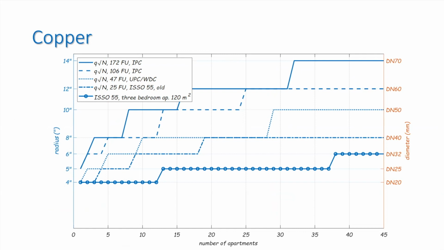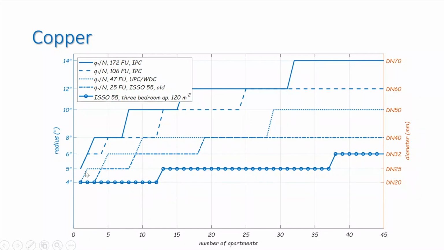Now, how would that convert into the various pipe diameters? Instead of running it a lot of times, I decided to make it a bit more graphical like this. So the number of apartments with the given maximum flow velocities that we allow, and assuming that there is actually enough pressure available, you would see that in our new Dutch version, we would use typically a 4-inch, 5-inch, and a 6-inch pipe, and that's it.